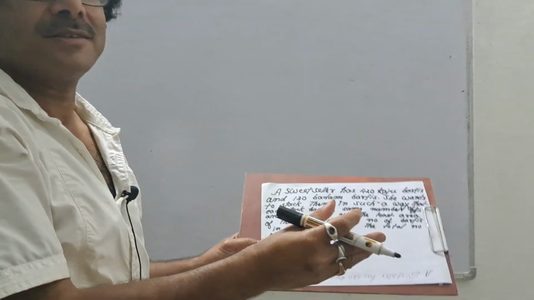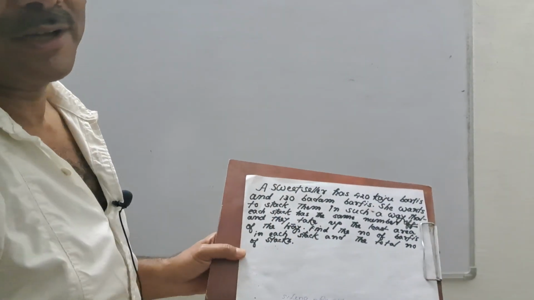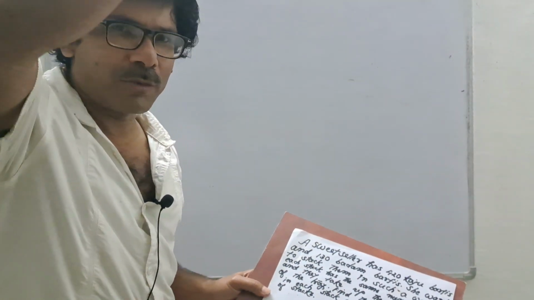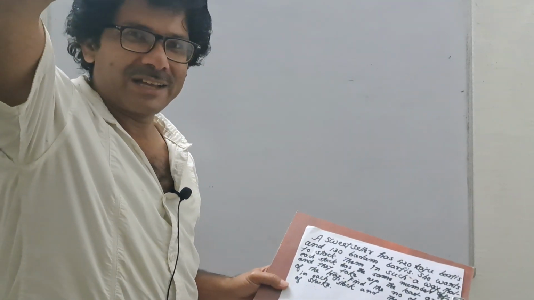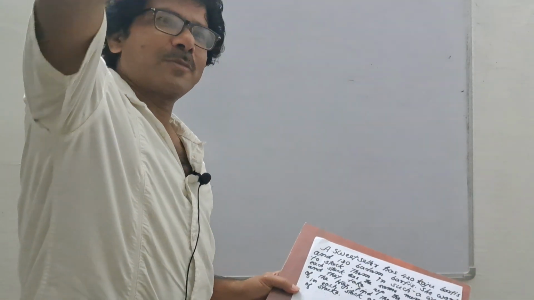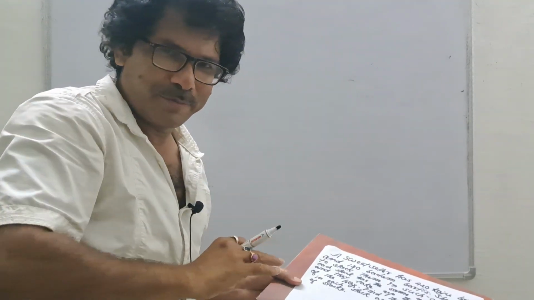That is, find the highest common factor of 420 and 130, and that highest common factor will be the number of Borfies in each stack. Maximum number of Borfies in each stack, so the area occupied by the Borfies will be minimum.